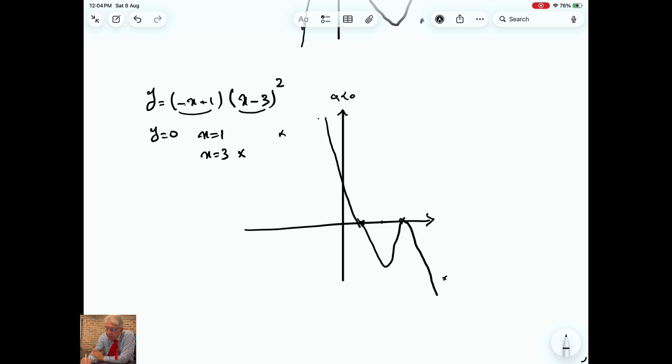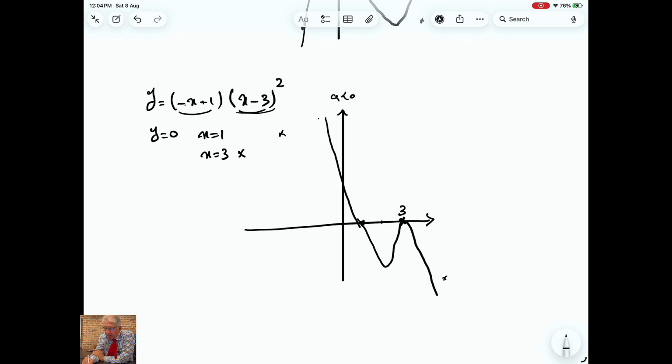You see, because this is a repeated root, it will touch the x-axis, but it doesn't cross the x-axis. Because it's a repeated root, that means in the neighborhood of this area, the sign of the function should not change, because this is always positive. If this part is negative, therefore this will remain negative.